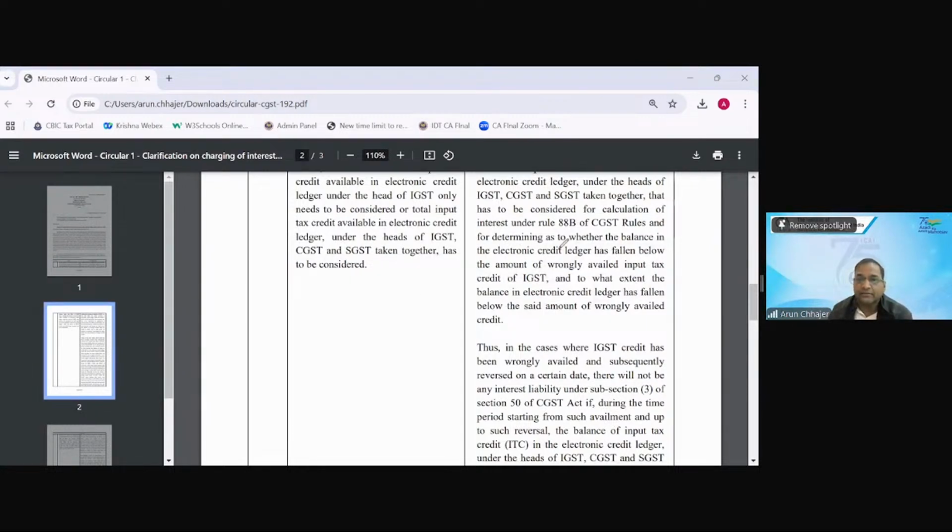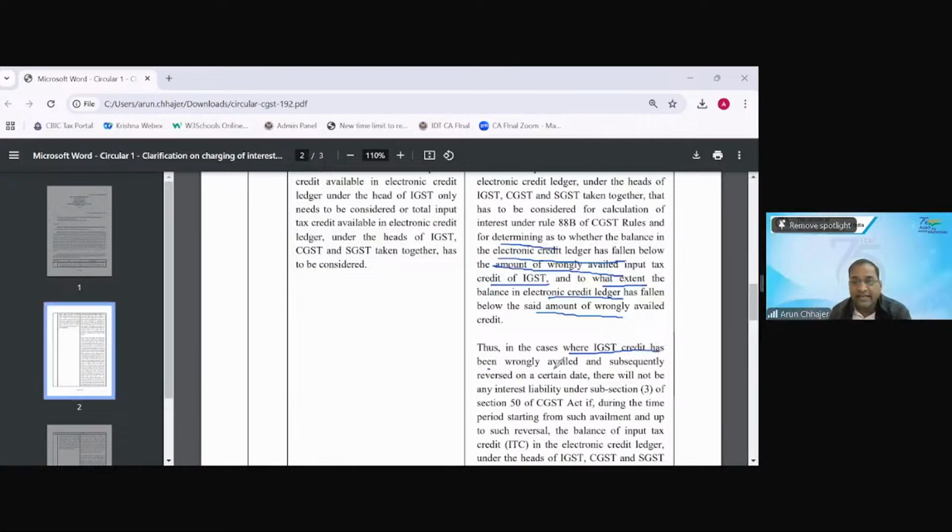And for determination whether balance has fallen below amount of wrongly availed ITC of IGST and to what extent the balance in the credit has fallen below the said amount of the wrongly availed credit, इसके लिए मुझे total credit को use करना पड़ेगा.